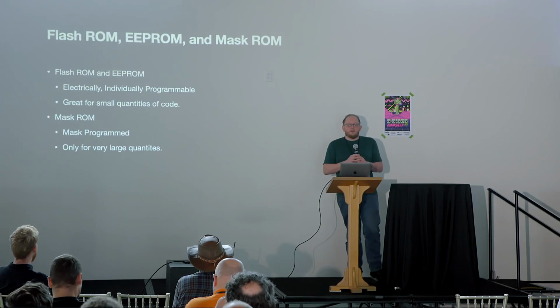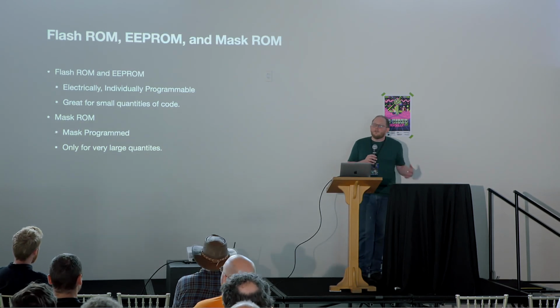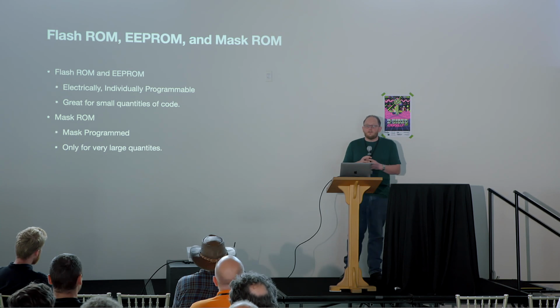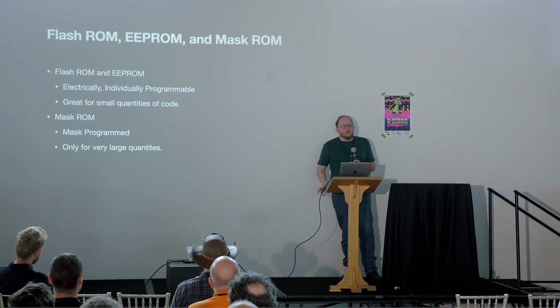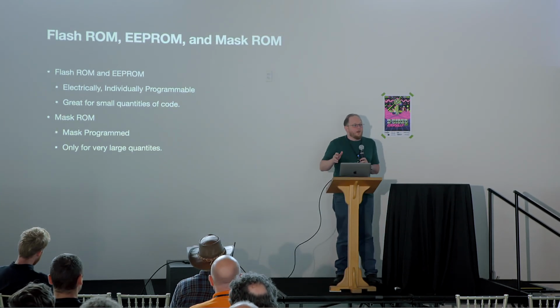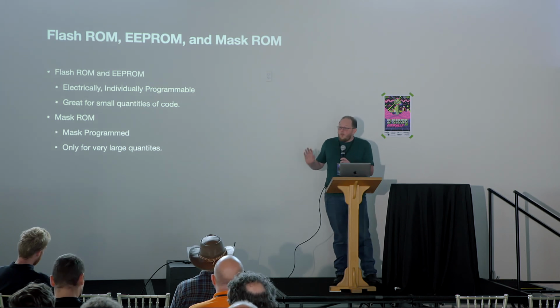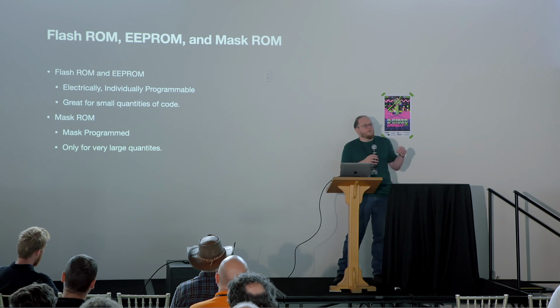To quickly recap, there are different types of memory inside of a chip. And there are also different types of read-only memory inside of the chip. In this lecture, we're not going to be talking about flash ROM or EEPROM or anything that can be programmed in the field. We are only going to be talking about Mask ROM, which is programmed by making the right shape in a mask at the semiconductor factory that stamps out all of these chips.